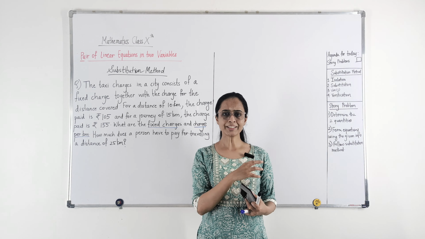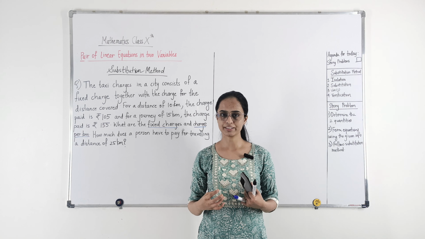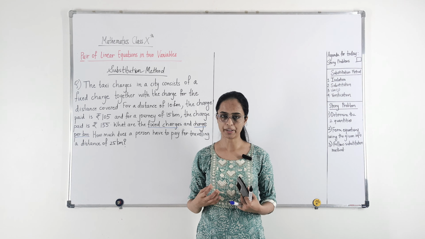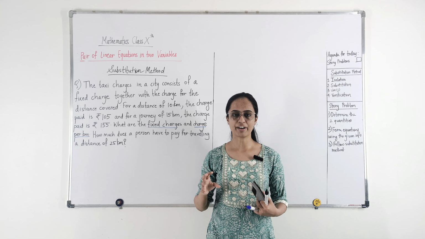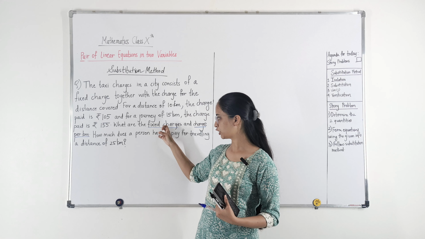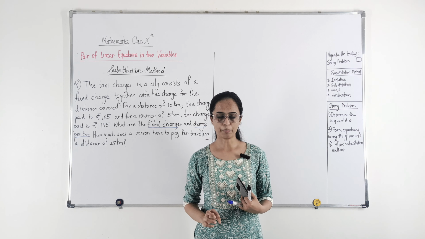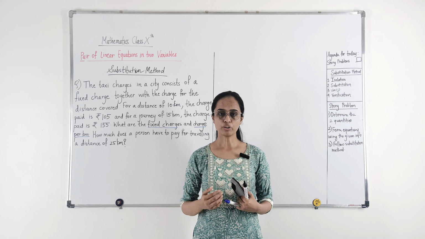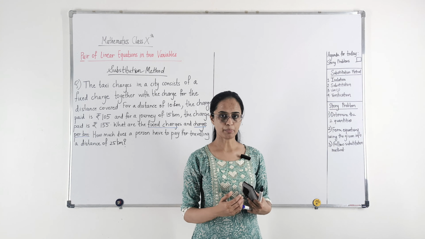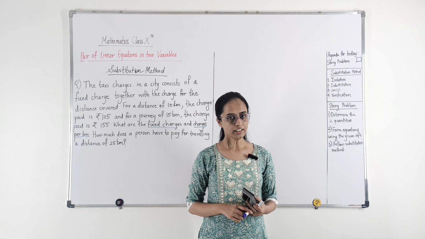Now, in this case, we are not supposed to do step number 4 of the substitution method, that is verification, because the demand of the question is to find the fixed charges and the charge per kilometer. For a story problem, you won't be doing step number 4, the verification step.